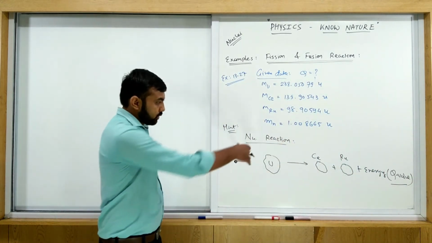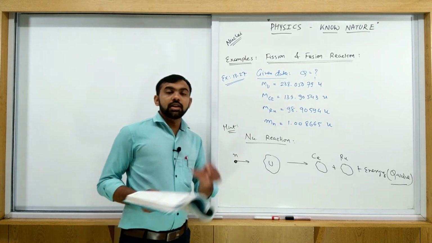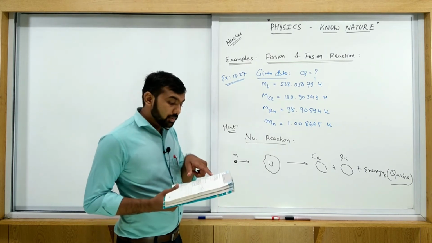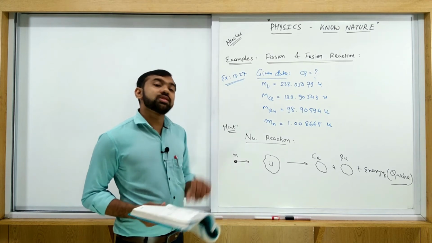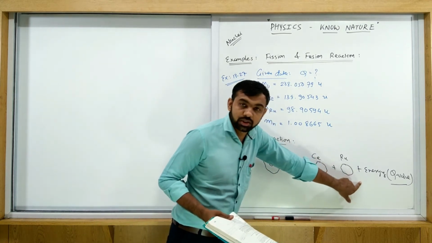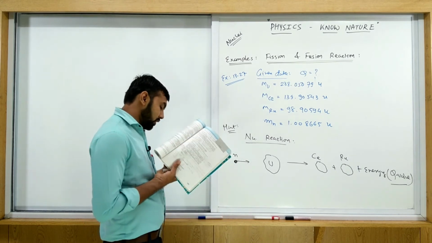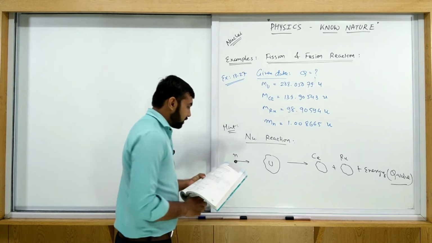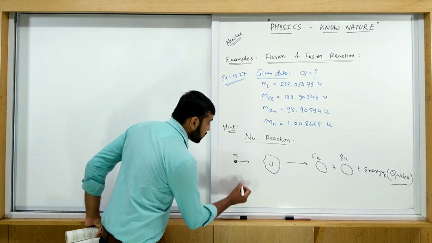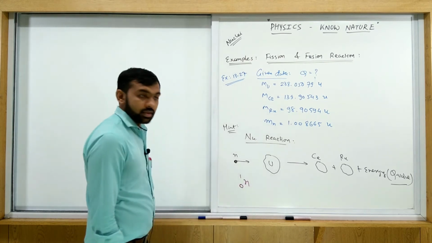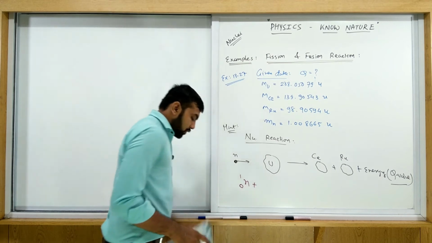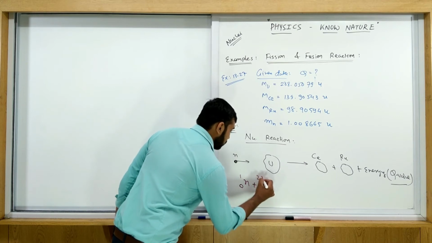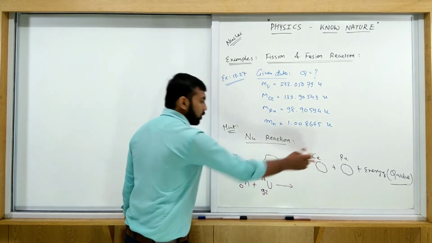So this way this process is done. Generally in a fission process 2 or 3 neutrons are emitted, as we discussed, but here the specific sentence is given to us: no neutrons are emitted. So no neutrons are produced here. Let's rewrite the nuclear reaction properly. Neutron is 0 and 1, bombarded on uranium, plus 92U238, which is converted into two fragments.